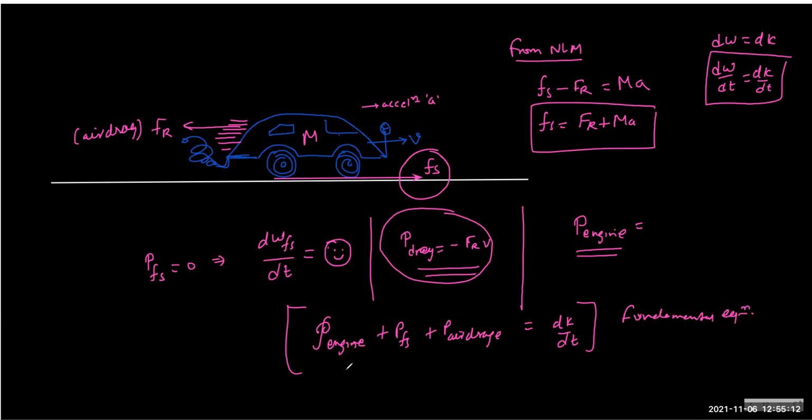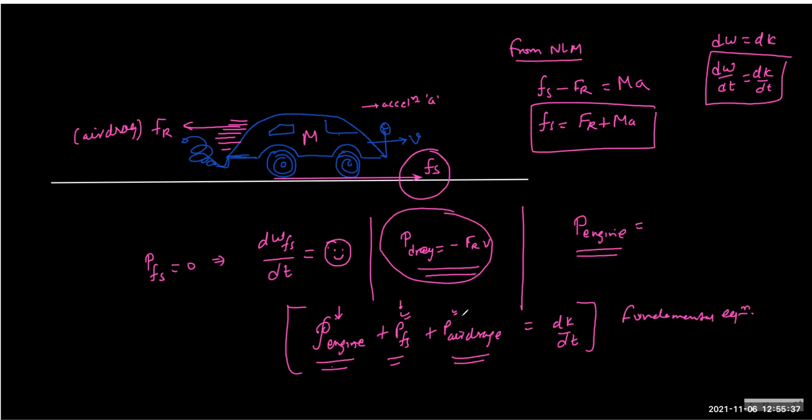So what you need to do is add the power of each force separately, then add the power of the engine, because that is the source of energy. So now you can answer any question. If the engine stops, this becomes zero. This is zero already.